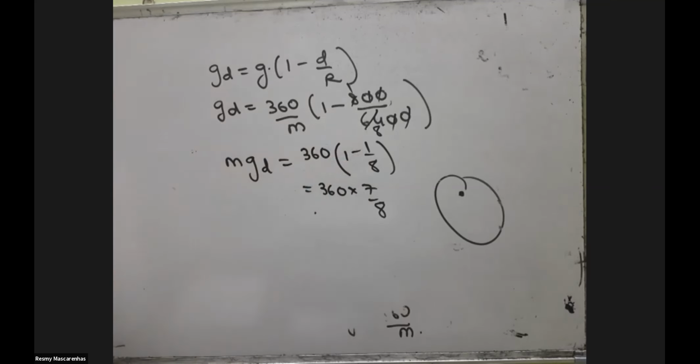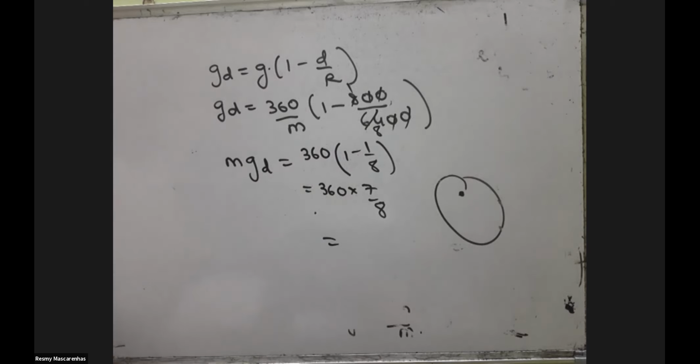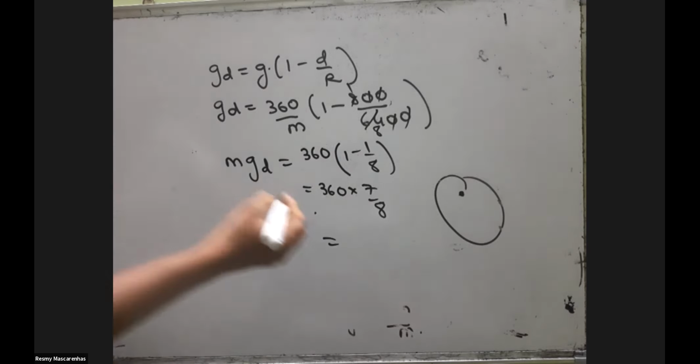So then 360 into, cross multiply, 7 by 8. Yes, can see. Okay, so cross multiply you'll get this. So approximately we'll get 350.